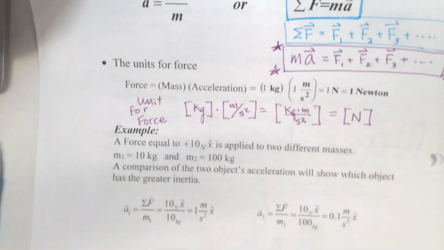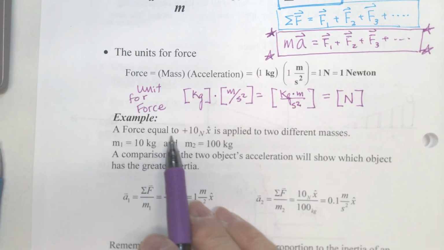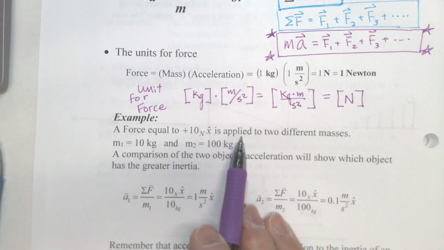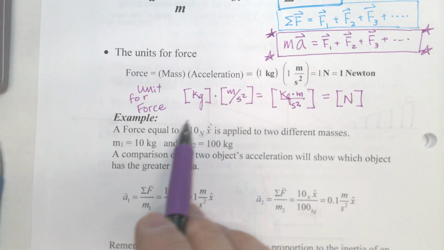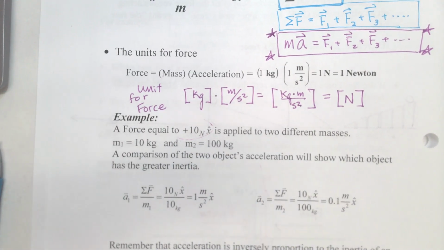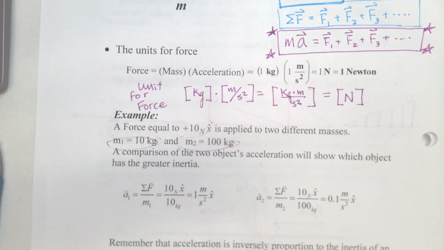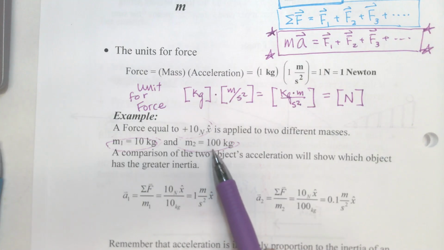So here's an example of a force equal to positive 10 newtons x hat applied to two different masses. We are applying the same amount of force to two different masses, one mass being 10 kilograms, the other mass being 100 kilograms. The acceleration for mass 1 and mass 2 should be different, right?